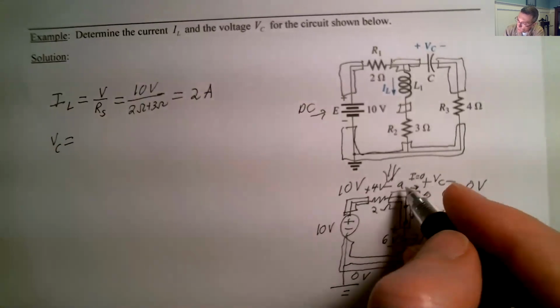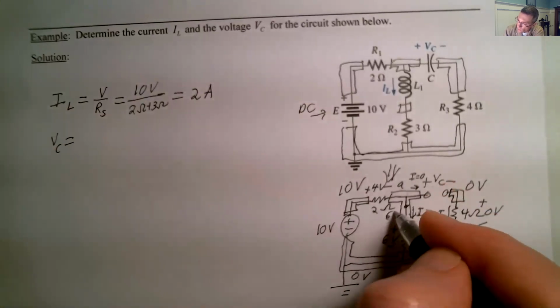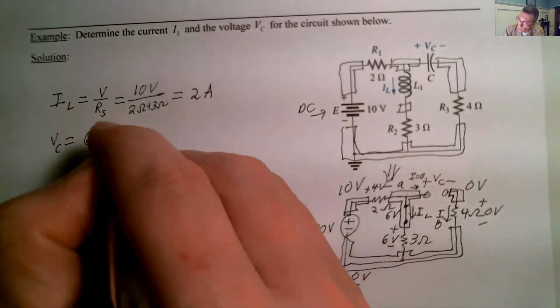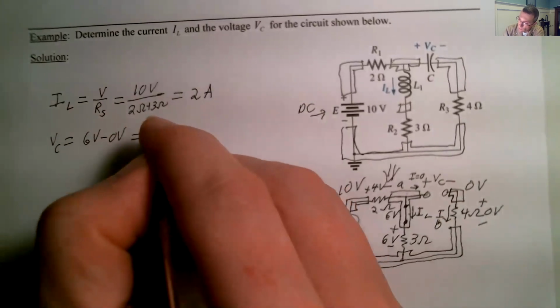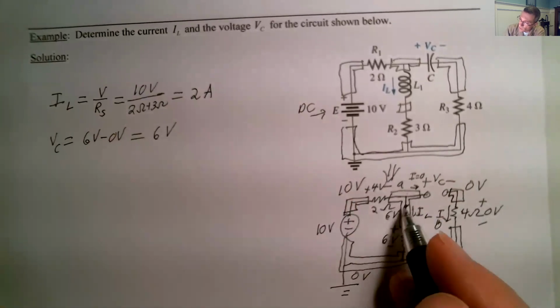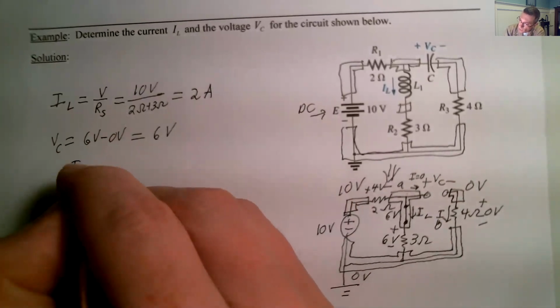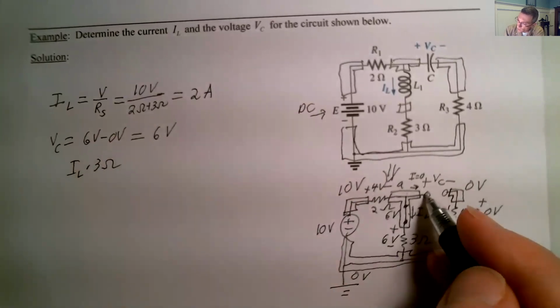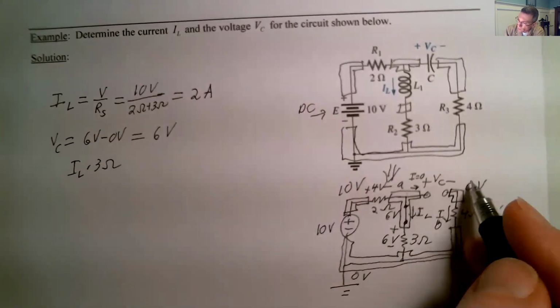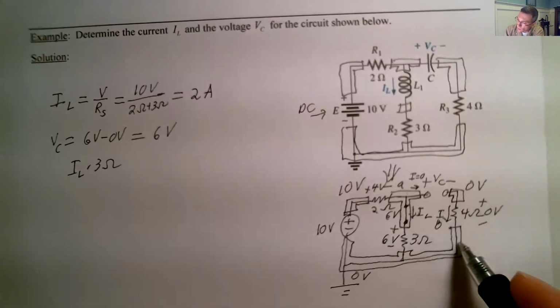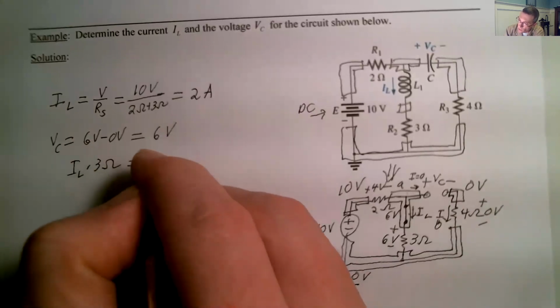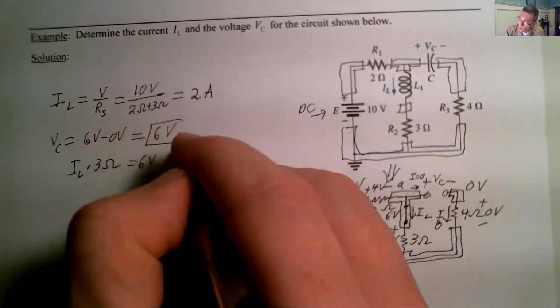So VC is between node A, which is at 6 volts, and ground: 6 volts minus 0 volts means we've got 6 volts. So VC is IL times the 3 ohms, because this VC is in parallel, even though there's 0 volts there. It's essentially the same; you can consider it in parallel. So that's 6 volts.